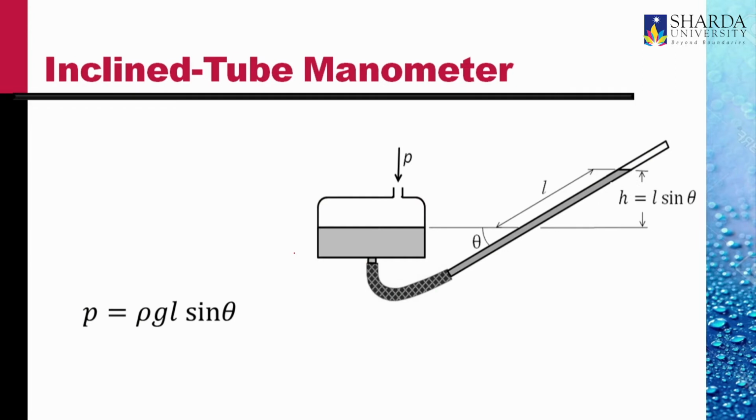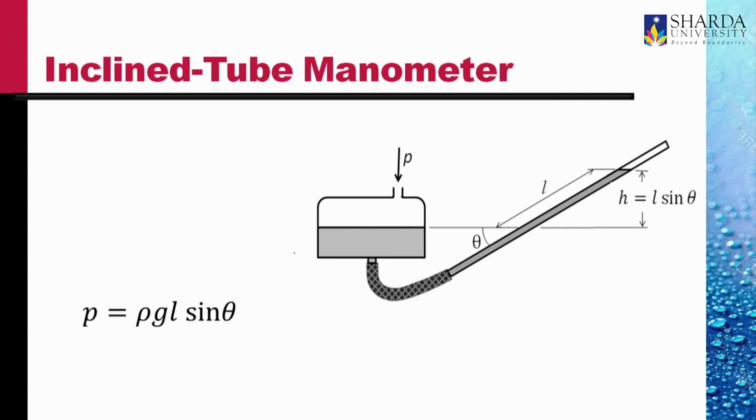This is another device, an inclined tube manometer. See, the pressure difference that we measure is rho GH. If H is small, it can lead to error. So, to increase the value of H, we incline the limb of the manometer at an angle theta.